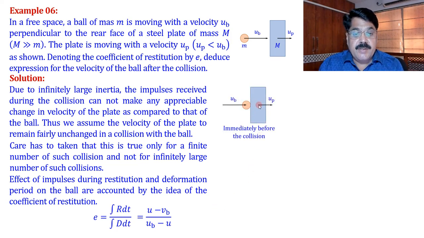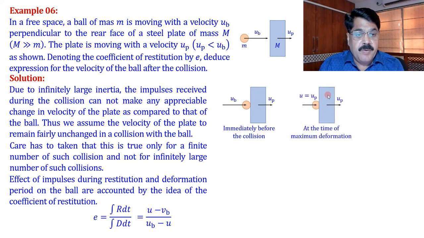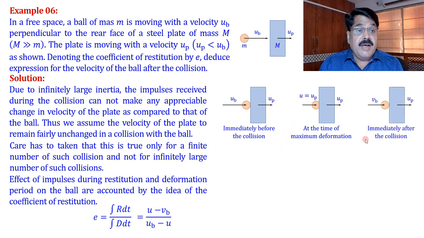That is the velocity u_b immediately before the collision. At the time of maximum deformation, the velocity of the plate will remain u_p, so the velocity of the ball will also be u_p. After the collision, the velocity of the ball, assuming the same direction, is v_b, and the velocity of the plate will remain v_p. Of course, the velocity of the plate has changed, but the change is negligible, so we assume it is always u_p.